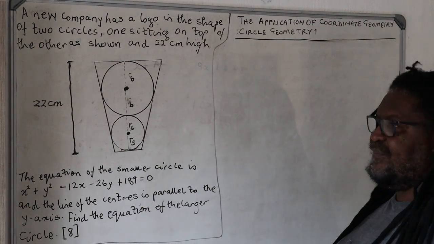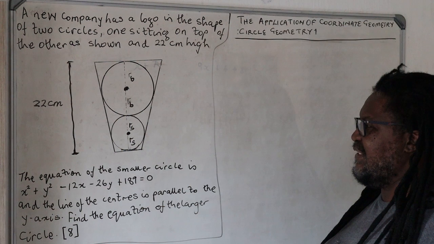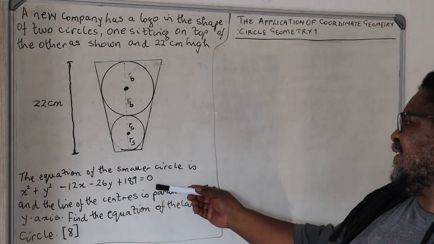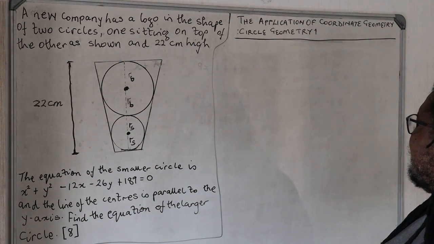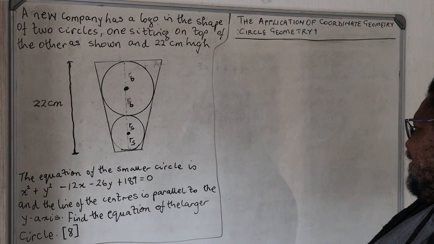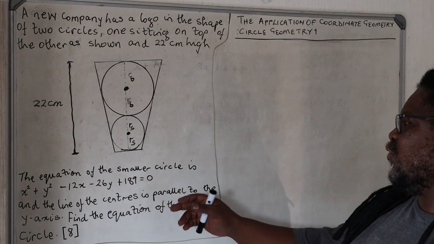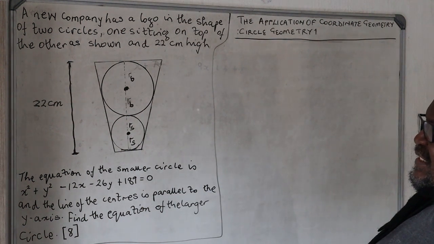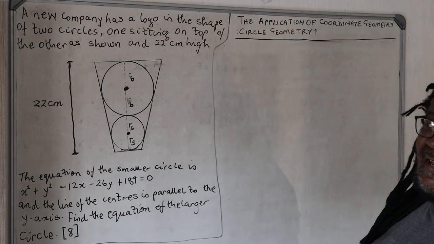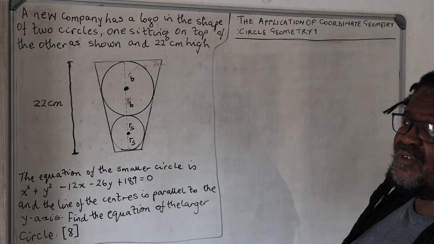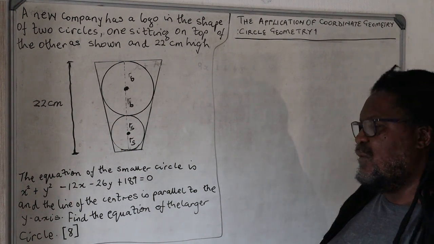I like circle geometry for the simple reason that working with the equation of a circle gives us an opportunity to apply coordinate geometry, which is the geometry on a coordinate plane or a Cartesian plane, and also it allows us to deal with quadratic equations both in x and in y, and we will get to apply the completion of the square, which is used often in the solving of quadratic equations.